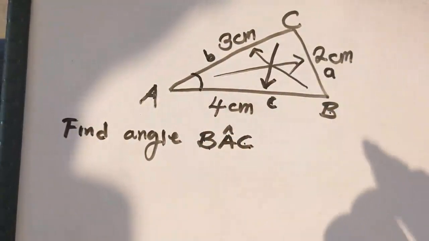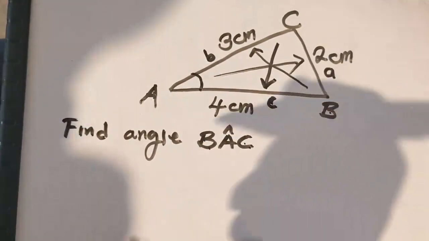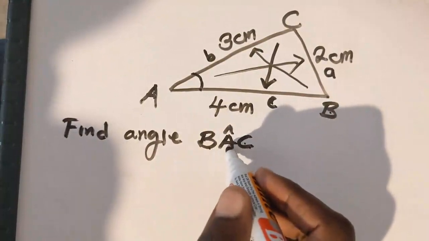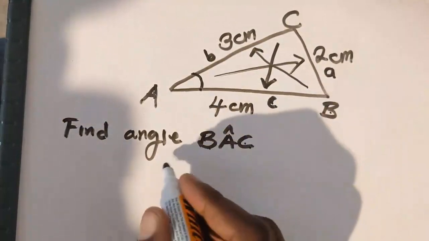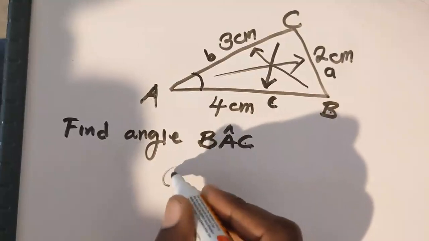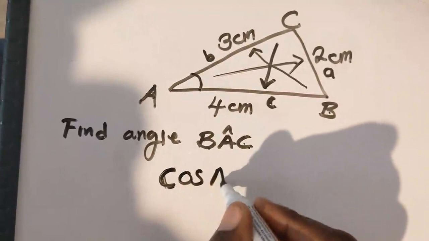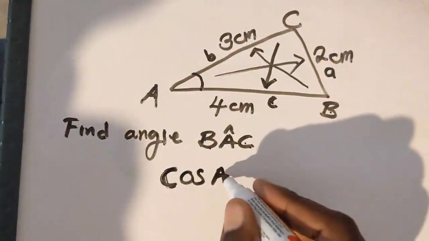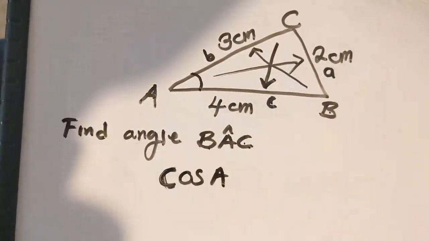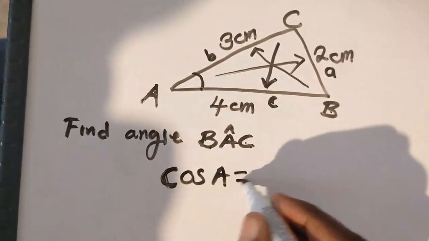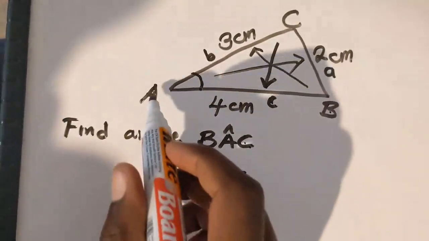It is the cosine rule that we are using. Since we are finding A, we are going to say we are finding cos A. This is the cosine rule and we need to have a cos. So cos A is what we are finding, this angle.